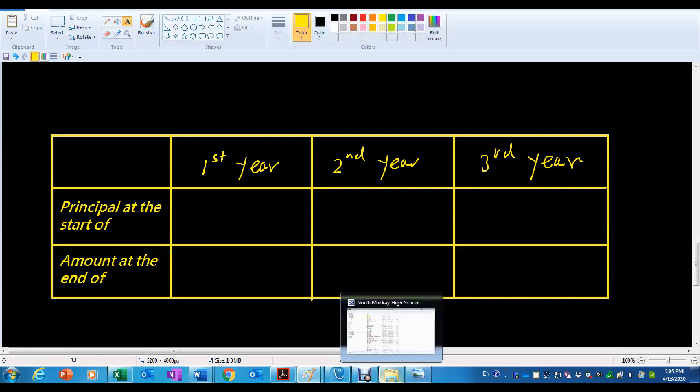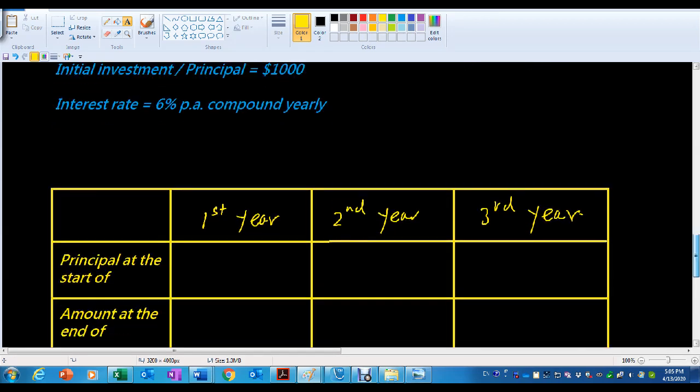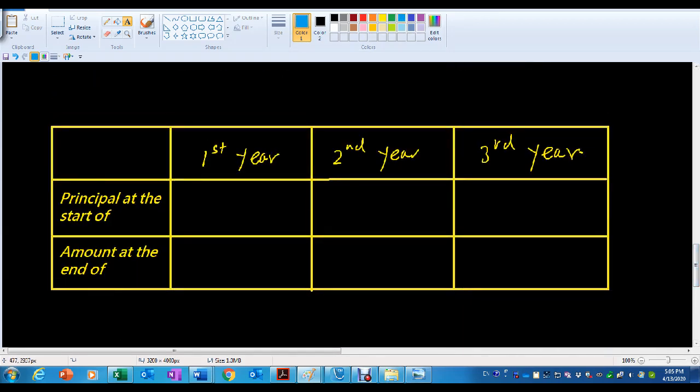One is the principal at the start of each year, and the other number is the amount at the end of each year, right? At the start of first year, of course, the principal would be the initial investment, which is $1,000. So how could we calculate the amount at the end of first year?